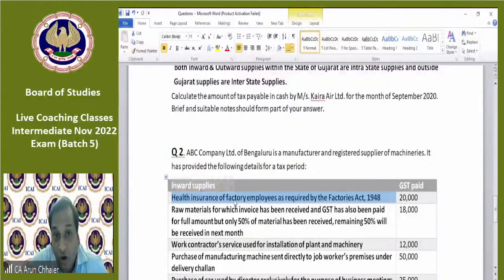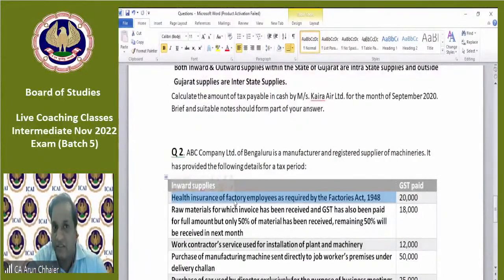But the proviso after the third subclause says that if it is an obligation on the employer to provide to employees because of any other law for the time being in force, then the employer can take the ITC of those goods or services.